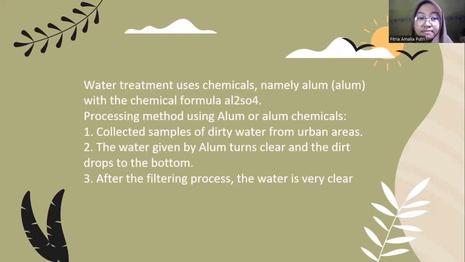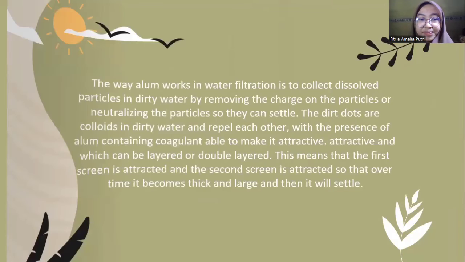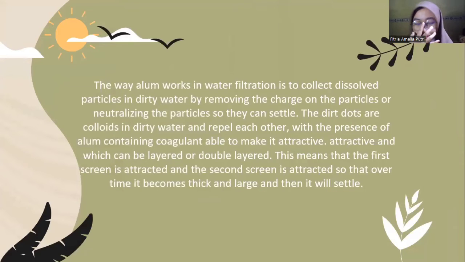And the third process is, after the filtering process, the water is very clear. The way alum works in water filtration is to collect dissolved particles in dirty water by removing the charge on the particles, or neutralizing them, so they can settle.